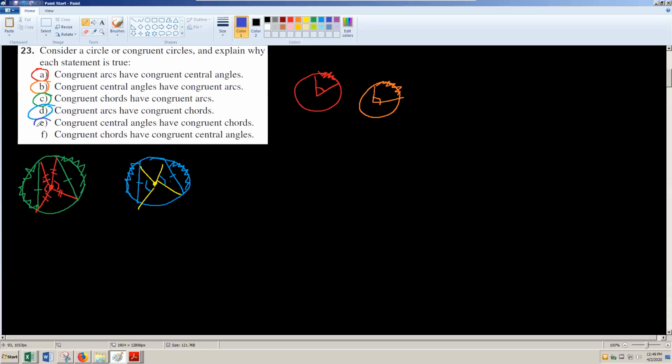Will we have to do something like this on a test? If it were on a test, it would probably look more like this. I'll give you a chord like this, a chord like this, and a chord like this.